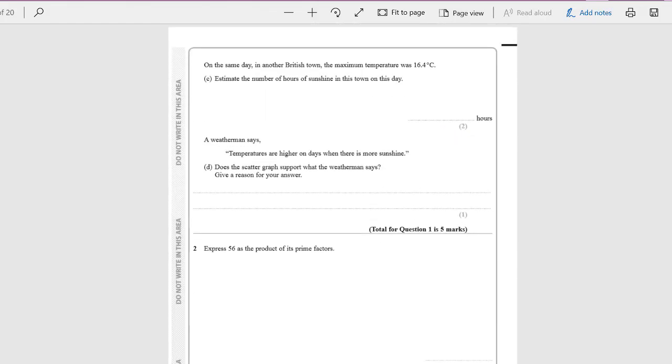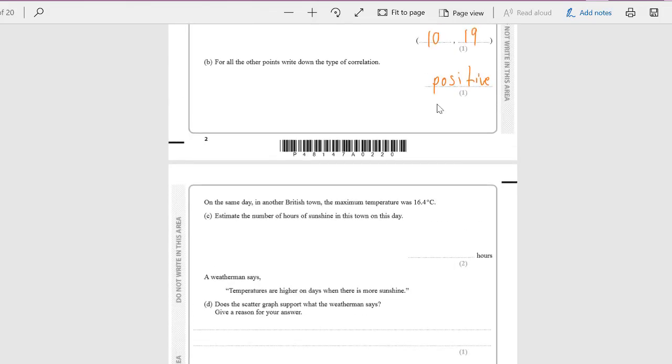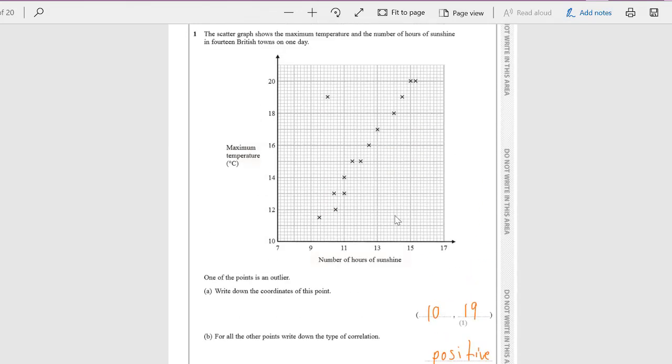It says on the same day in another British town, the maximum temperature was 16.4 degrees Celsius. Estimate the number of hours of sunshine in this town on this day. So let's go to 16.4. We can say it's approximately that line.